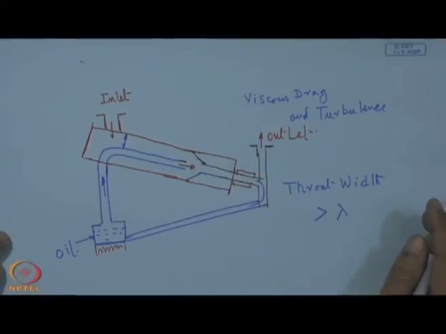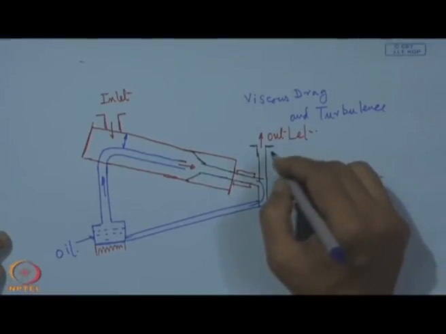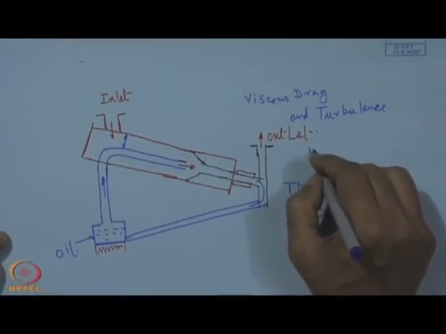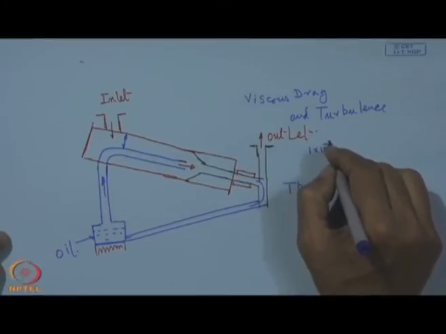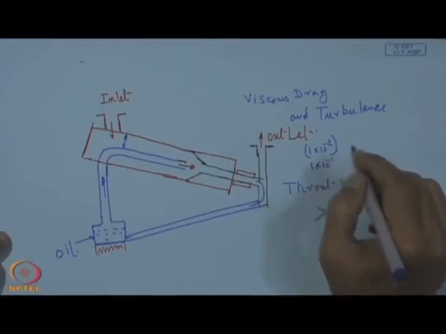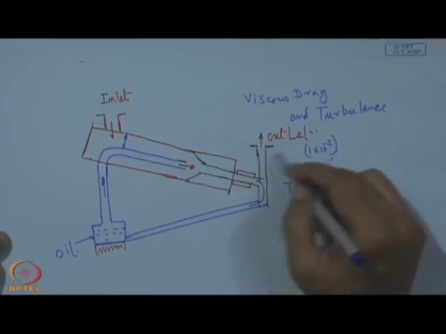One thing we have to be careful about here is that this outlet pressure is still not atmospheric. It is in the order of 10 to the power minus 2 or 10 to the power minus 1, and in this case it just cannot work.